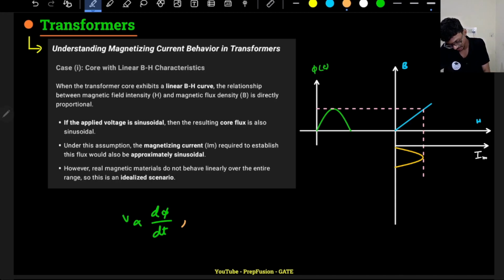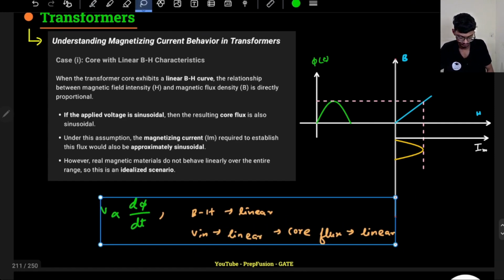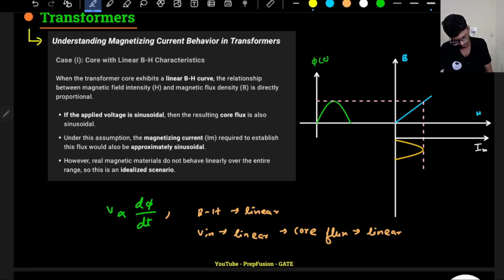So I will write here, if the BH curve is linear and my input voltage is sinusoidal, that means my core flux will be sinusoidal, and the conclusion is that the magnetizing current Im also will be sinusoidal.